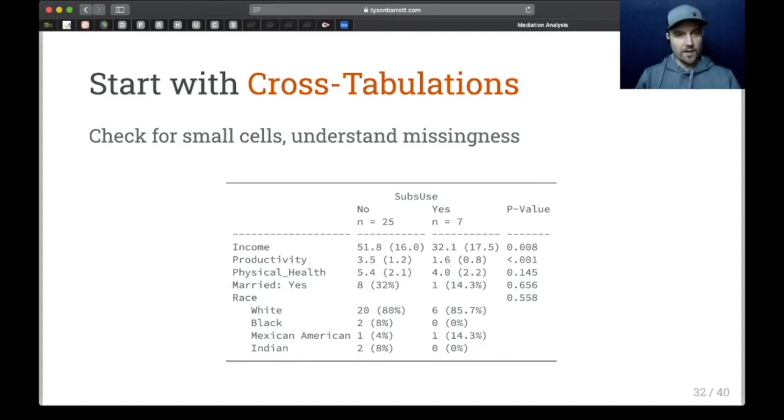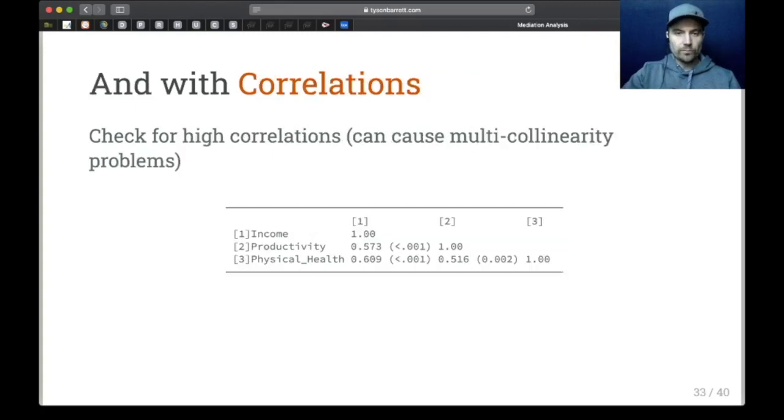You want to check for small cells. You want to understand your missingness, where things are missing, stuff like that. You also want to check for high correlations, as these can cause multicollinearity problems if you're looking at covariates. It also can be really good to know across the board what the raw correlations are in any analysis.